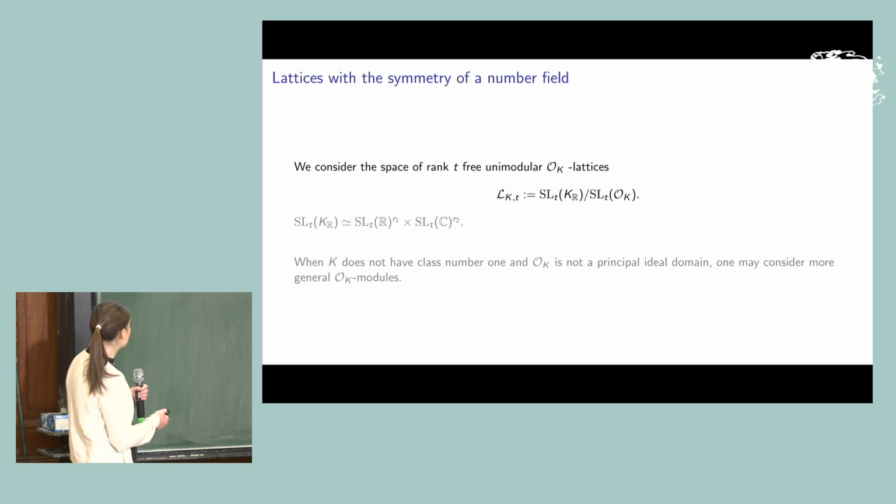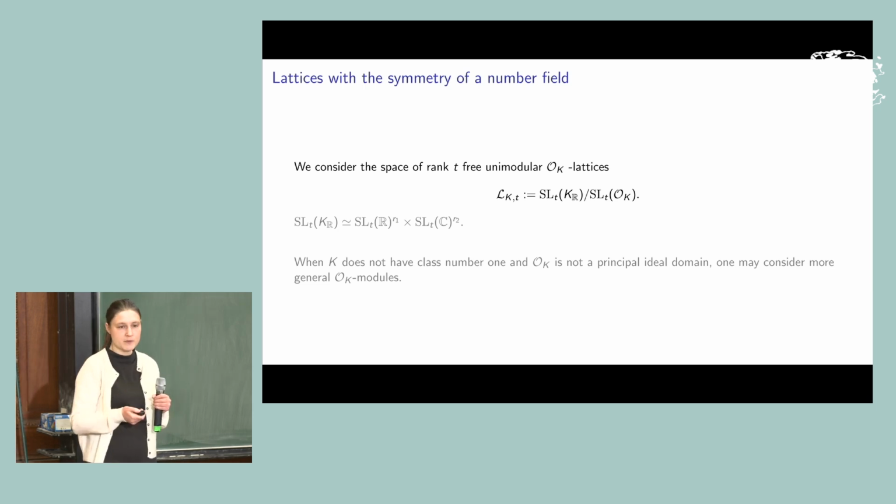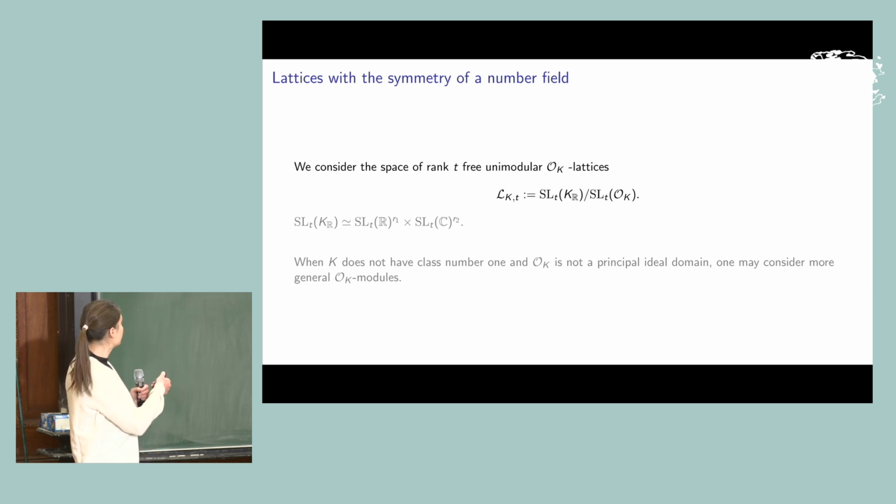And so there are several things we can do with lattices. For example, we can consider lattices of higher rank, so we choose an integer t, and we consider such a quotient of these two groups. So here is, again, SL_t of the Minkowski space of our number field. And so, in simple terms, it will look like this.